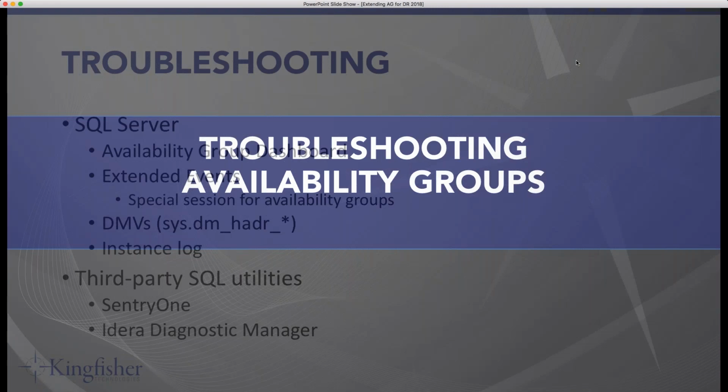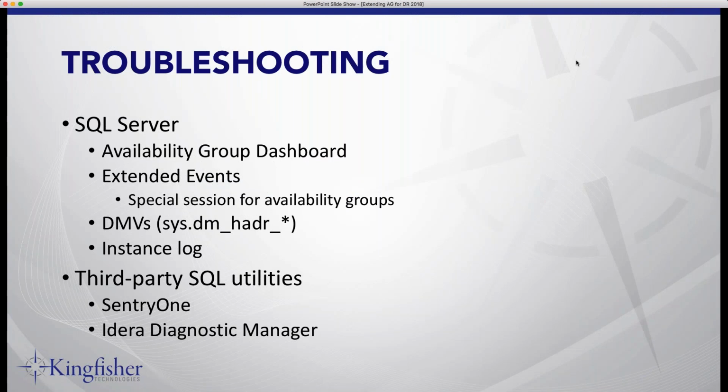So for troubleshooting, just a couple of helpful hints because we're about out of time. The availability group dashboard is quite good in SQL Server. I use that extensively. For those times when you can't use the dashboard, there's a number of extended events in the background for capturing the information, including a health session, similar to System Health. There's a number of DMVs.